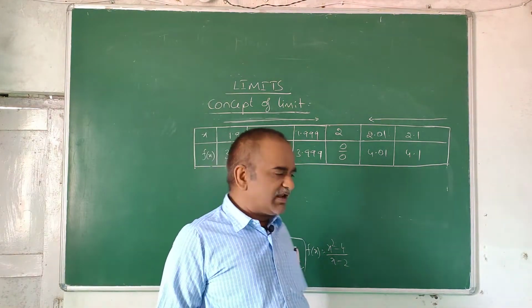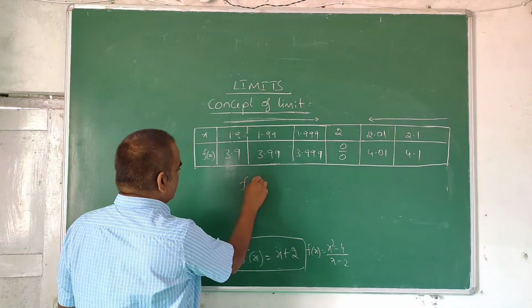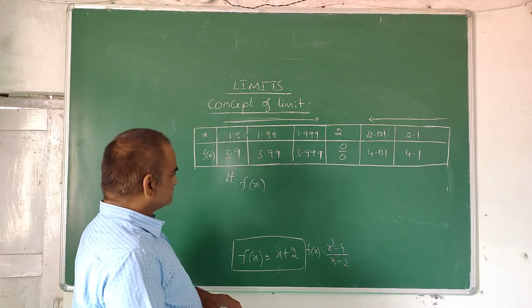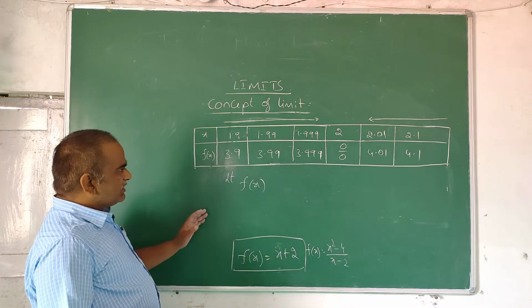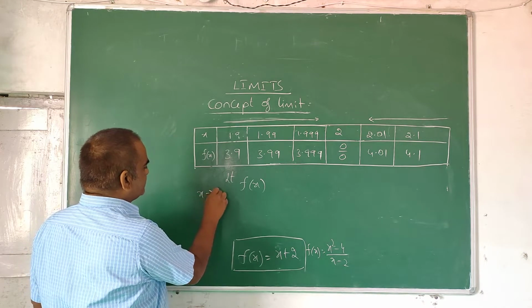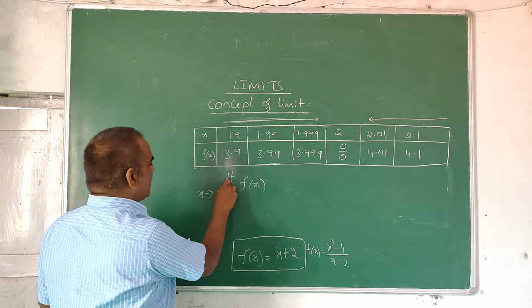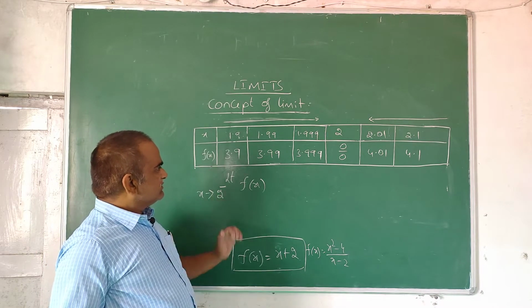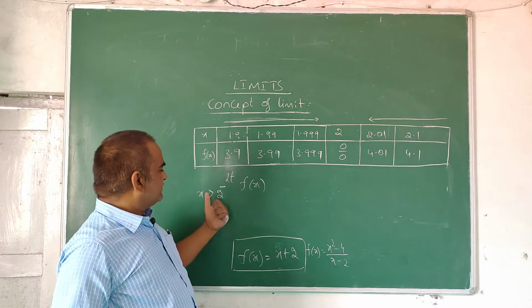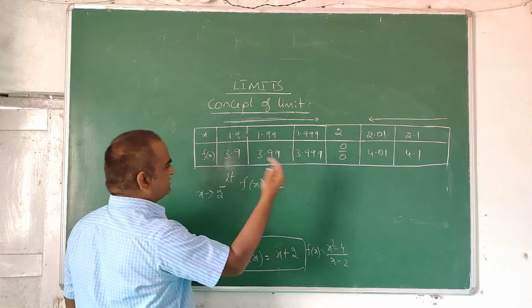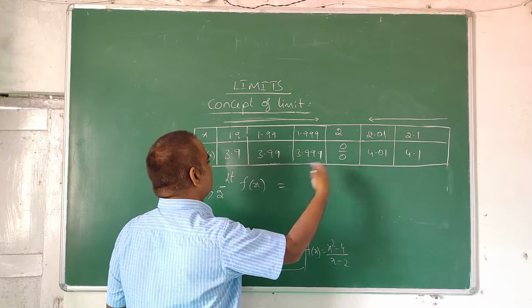Using symbols, see here, limit of f of x as x is approaching 2 from the left side. That means you have to take it as 2 minus. When x is approaching 2 from the left side, you are seeing f of x is going closer to 4.